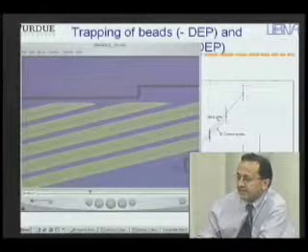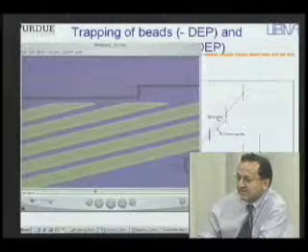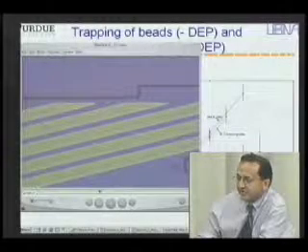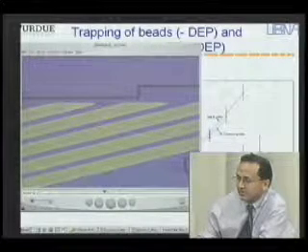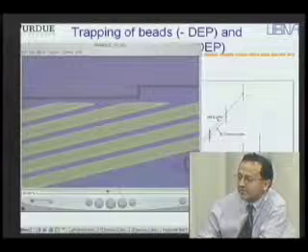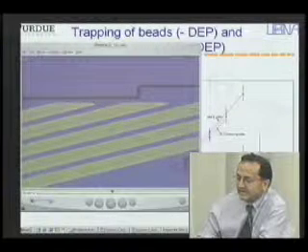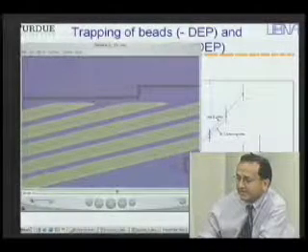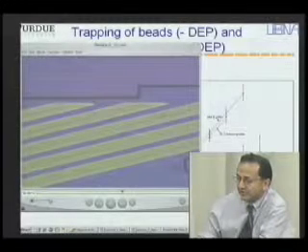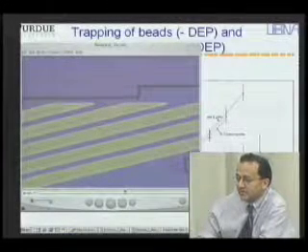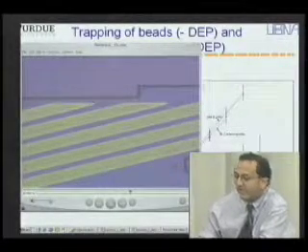They get pushed away from the edges and pushed to the top surface, and they can be moved along with the flow, but now at an angle, within this potential well that is created in between the electrodes, in the center of the electrode. So you can take particles and move them in different directions from within a flow.